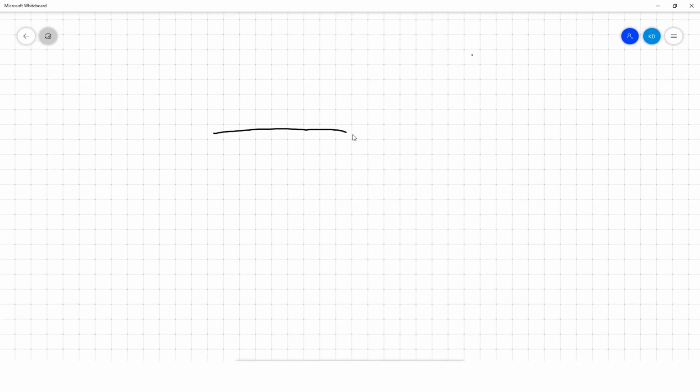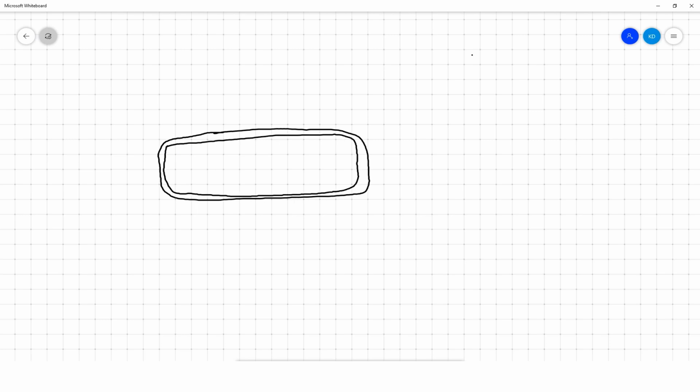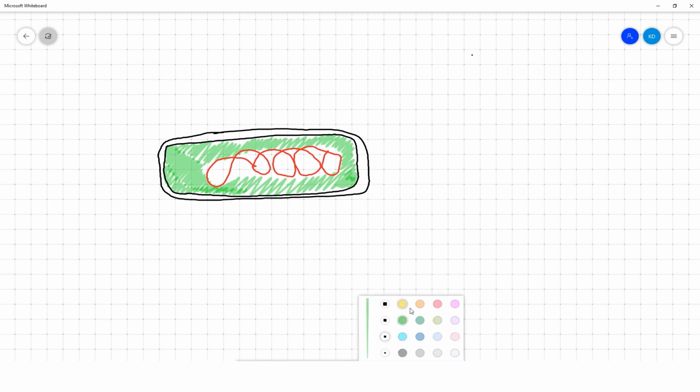So I'm going to draw another cell structure. This is very simple. Fill these things with green color, and this with sky blue.